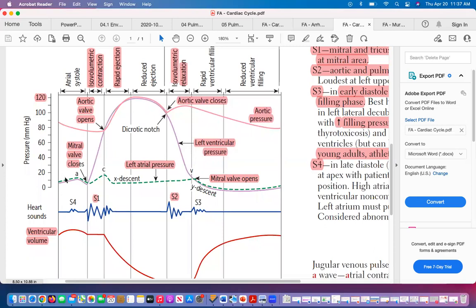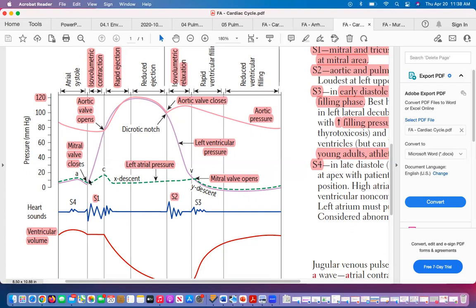And you see that the curve in green, the left atrial pressure, is also going up first and then comes down. First, it goes up because the atrium is contracting, so the pressure goes up, and then as the blood moves through the mitral valve to the left ventricle, we see that the left atrial pressure is coming down.